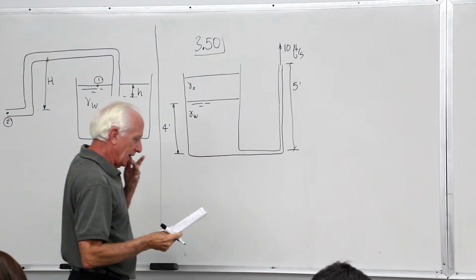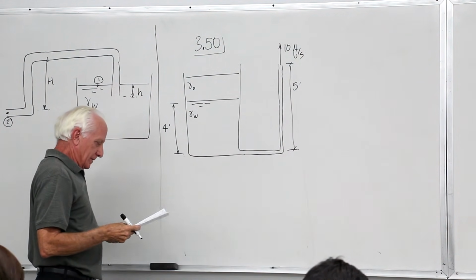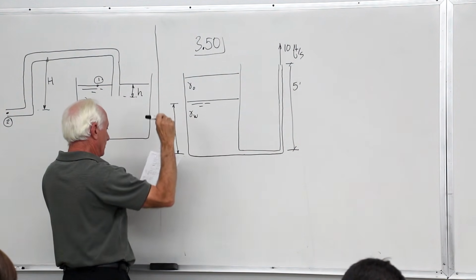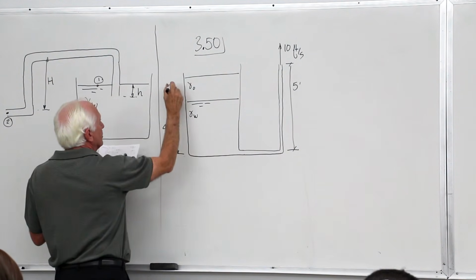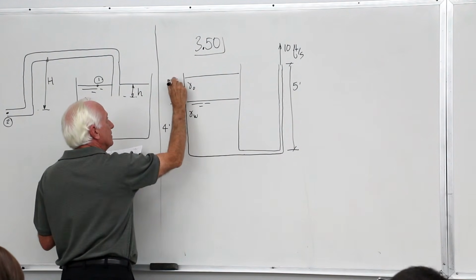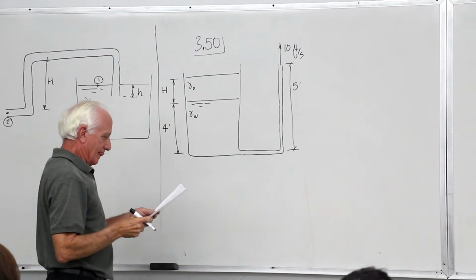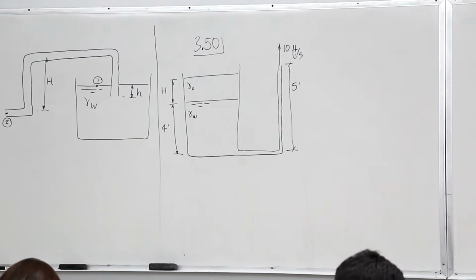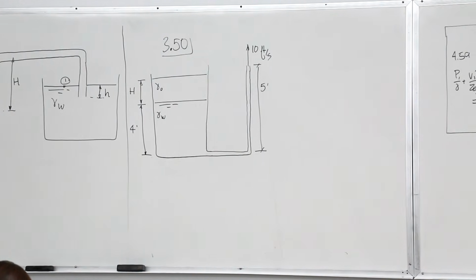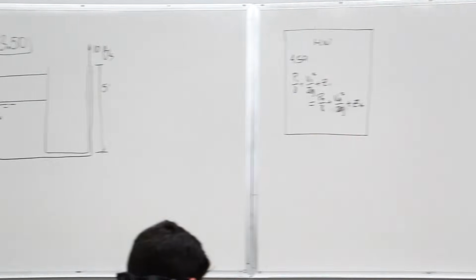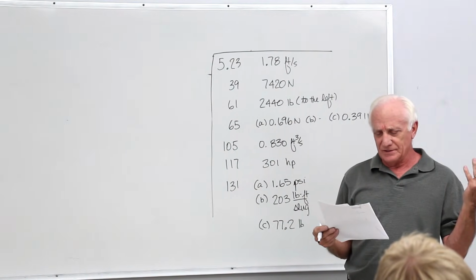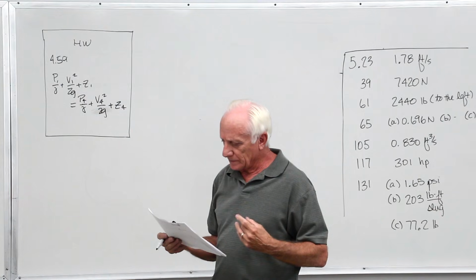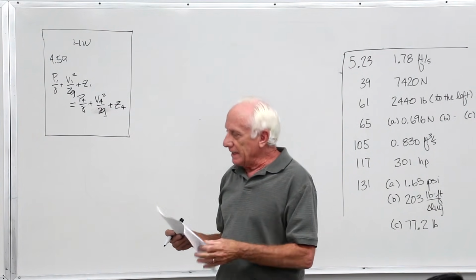This distance here is H. Find the depth H of the oil, or kerosene or something. It has a gamma of 50. It's a light oil maybe.